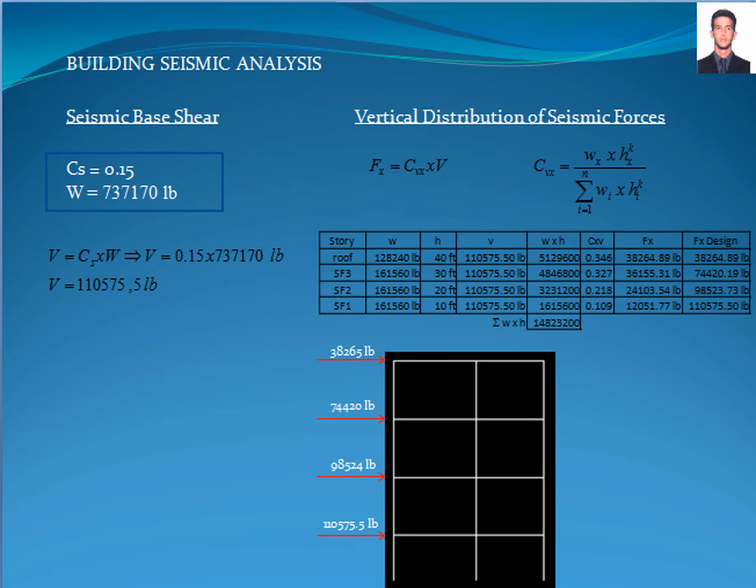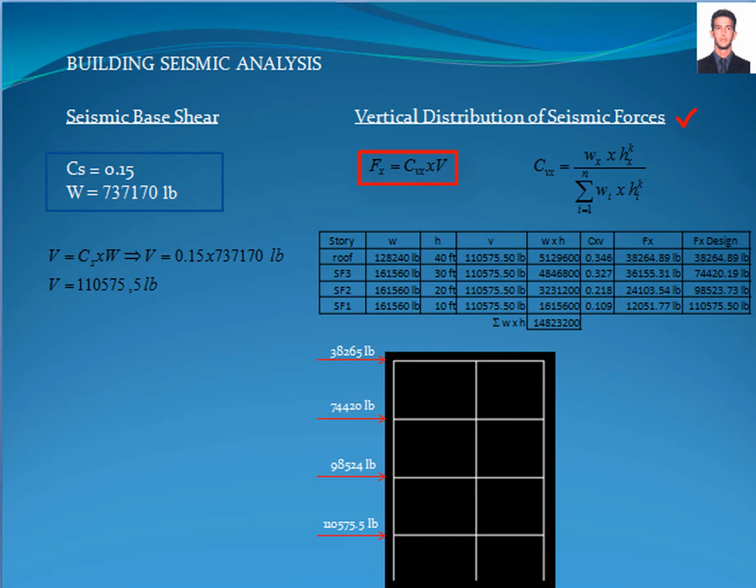After having calculated the seismic response coefficient and effective seismic weight, we can calculate the seismic base shear of the structure with equation 12.8-1 of the American Society of Civil Engineers standard, giving a result of 110,575.5 pounds.